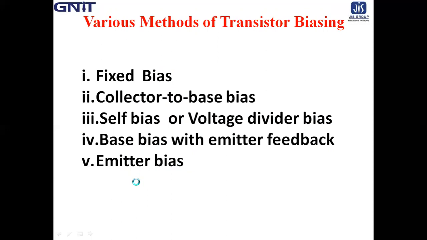There are a total of 5 types of biasing methods for transistor biasing. So in the next class, we will discuss the biasing circuits one by one and discuss their stability factors.